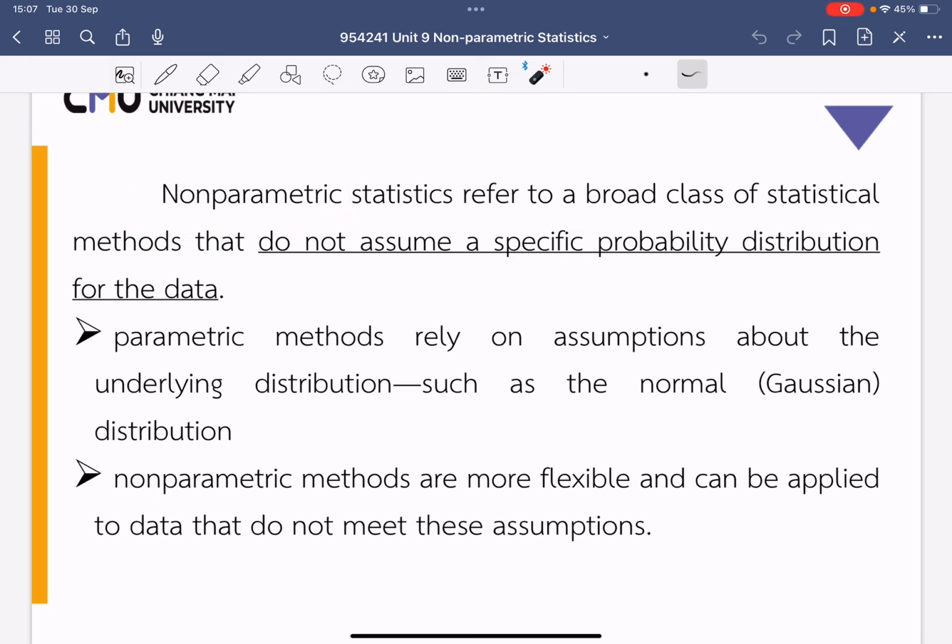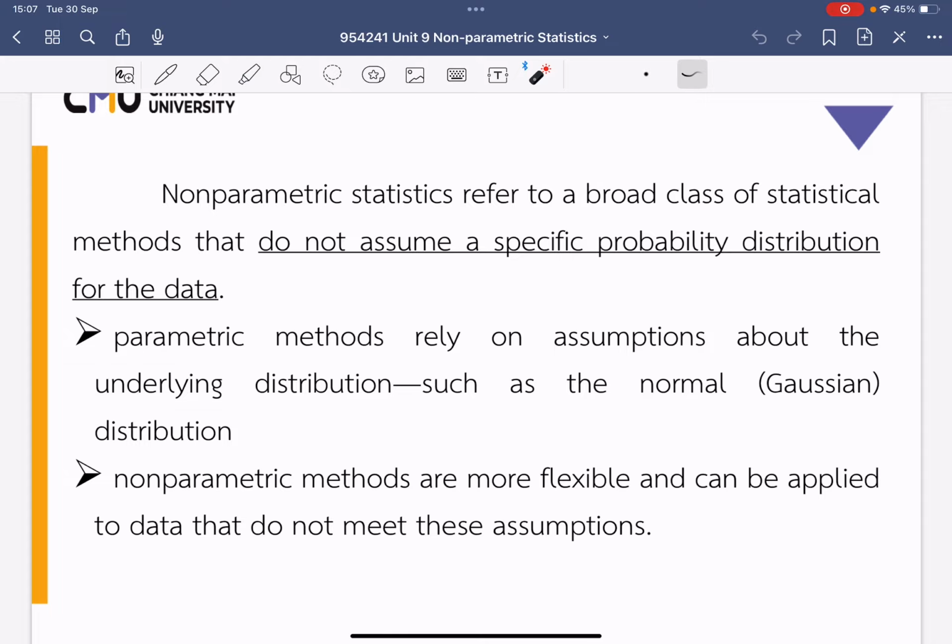Before this, in unit 4 or 5, what we did was parametric statistics, because it's about quantitative data, data with numbers, and those data are based on the normal distribution assumption.